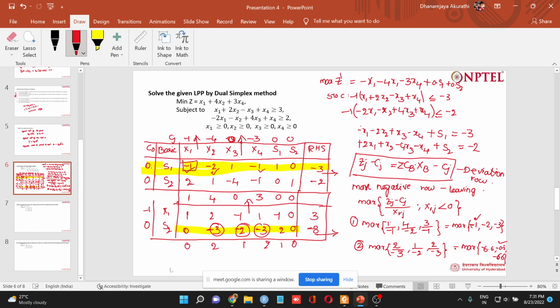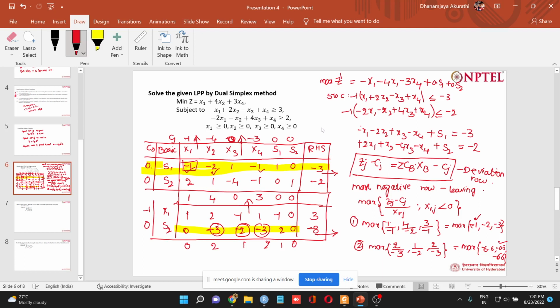After solving this iteration, in the next iteration you can also find the solution. And the solution would be whatever the RHS we have obtained. Okay, that's fine. We see that this is the primal LPP, and we have already solved it by using the dual simplex.